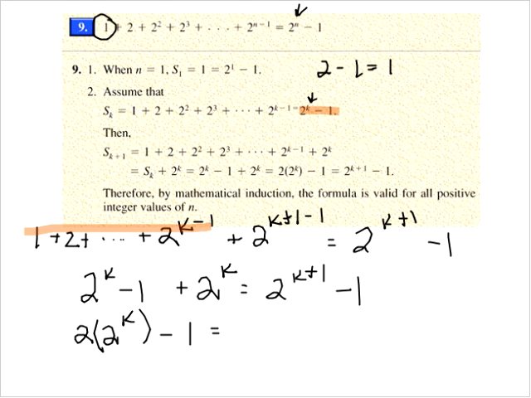Let's see if we can remember any of our rules. Kind of drawing a blank here, but I do know that it works. I'll look and see if I can figure out which logarithmic property or natural log property or some type of property allows me to rewrite that as 2 to the k plus 1 when I have two of the same thing.